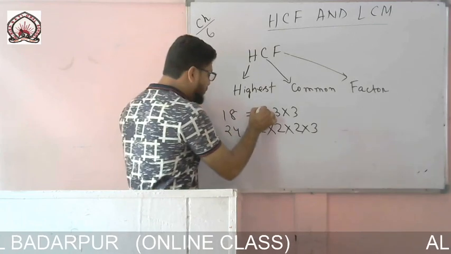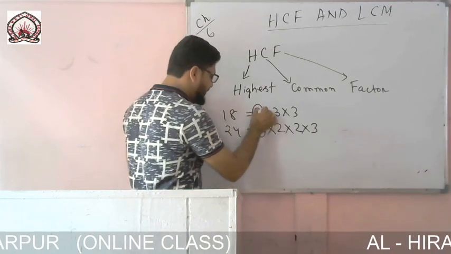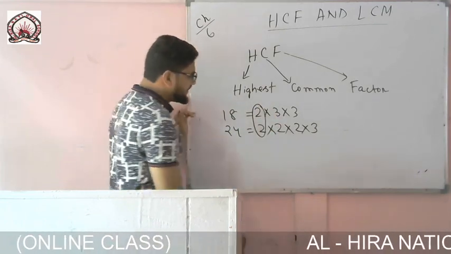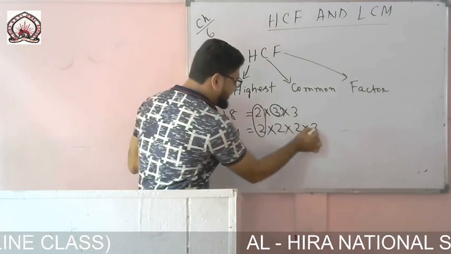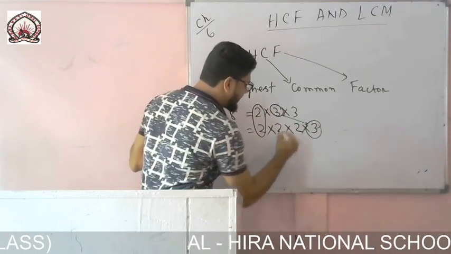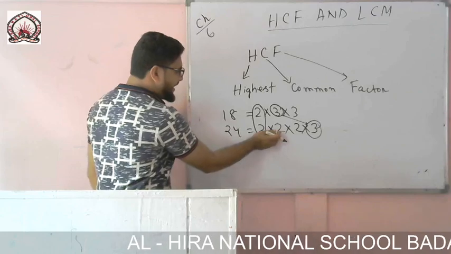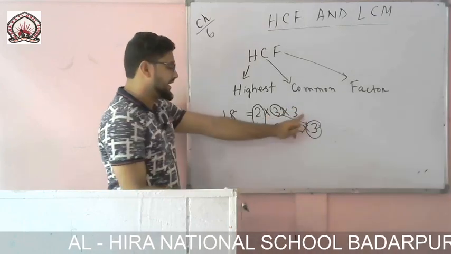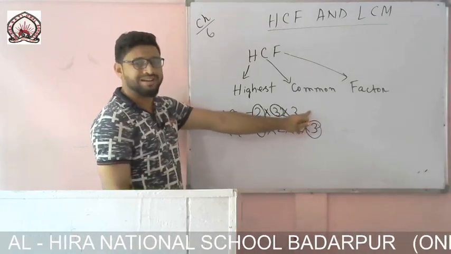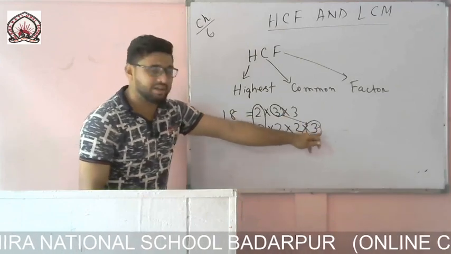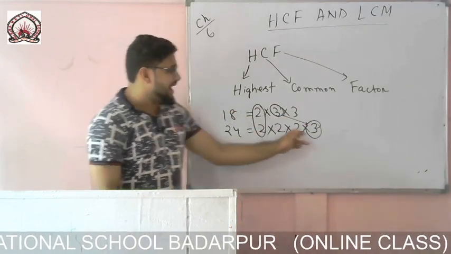So you see 2 is present. Here these 3 and these 3 are present. But these 2s don't have any more 2 in 18, and this 3 doesn't have any more 3 in 24. So these 2 are common.